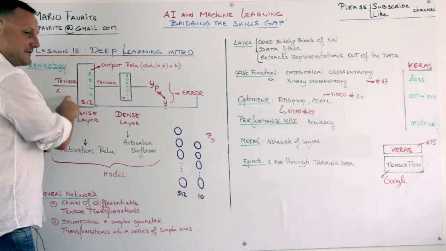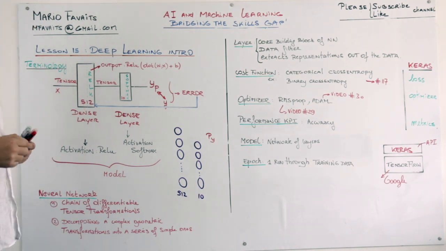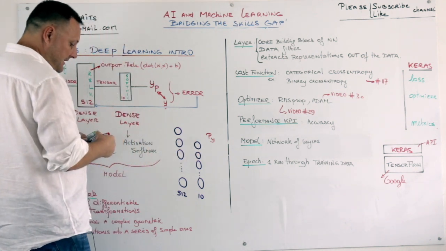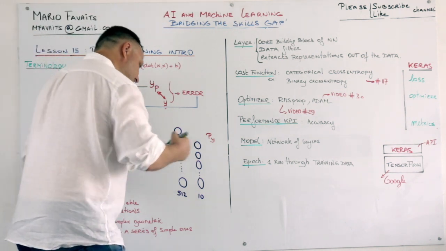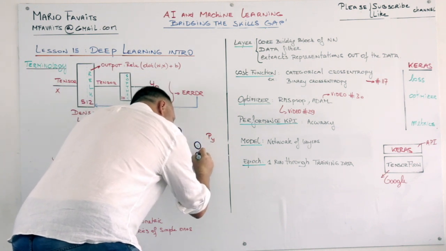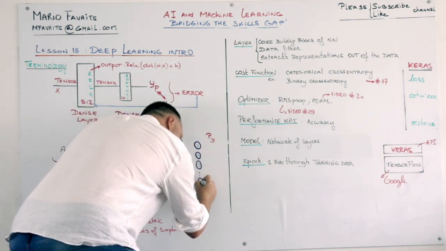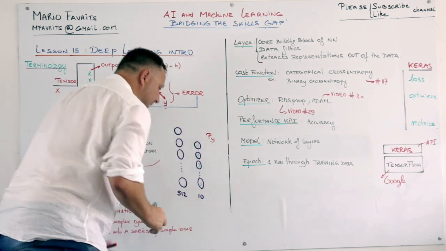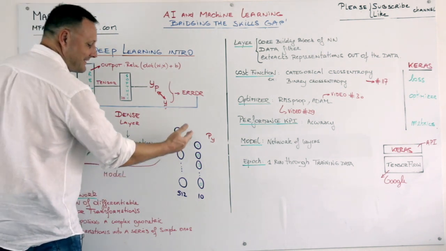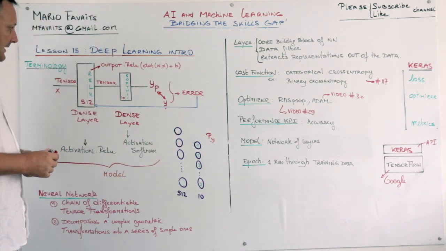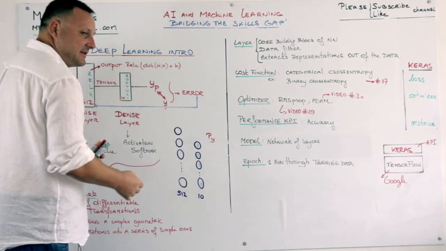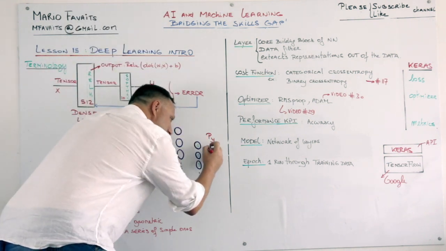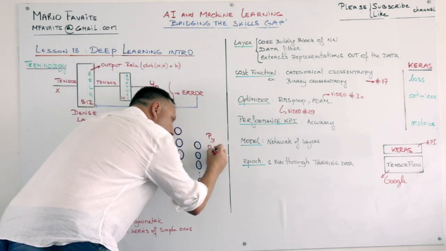And for example, if this is a neural network to recognize handwritten digits, these 10 units here are going to be your 10 digits. So this will be your 1, this will be your 2, this will be your 3, and 0 at the end. Now I should have started with 0, but basically it has 10 digits. And softmax will give you the probability distribution for these 10 digits. For example, the probability that it is a 1 is 0.1.